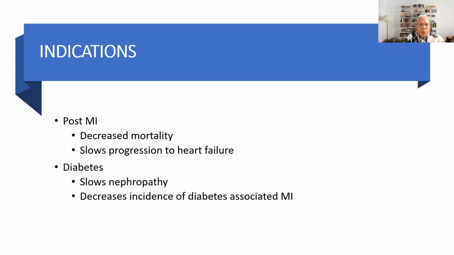So when you give ACE inhibitors, you slow down the progression of nephropathy in patients with diabetes mellitus. So this is always going to be a treatment of choice for patients who have hypertension and also who have diabetes, because they can be useful in both cases.